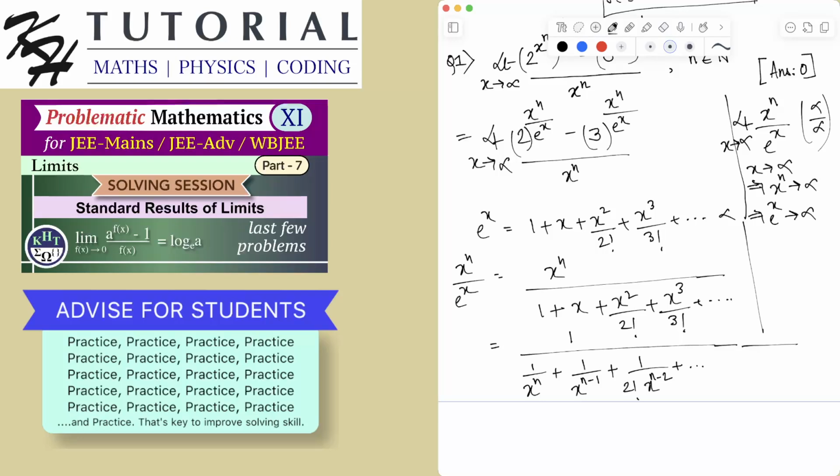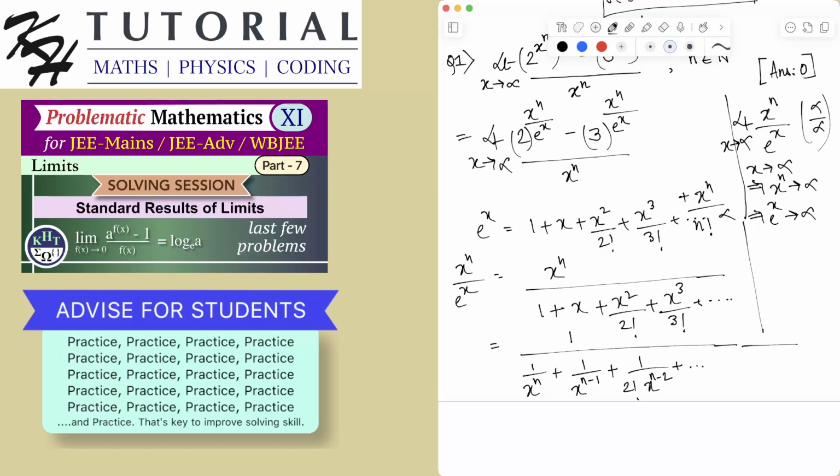In the expansion series of e to the power x, somewhere we will have x to the power n divided by n factorial.